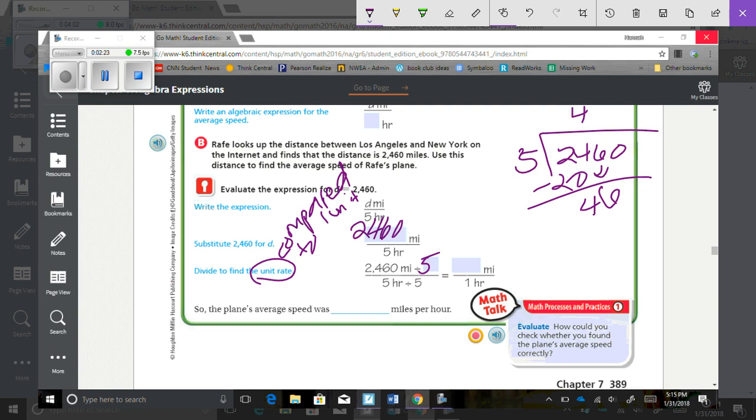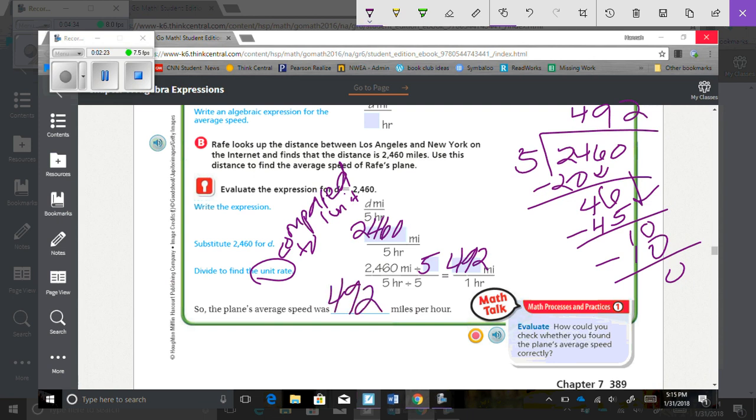We're going to do 5 times 9, which is 45. So 2,460 divided by 5 gives us 492 miles for every 1 hour. So the plane's average speed was 492 miles per hour.